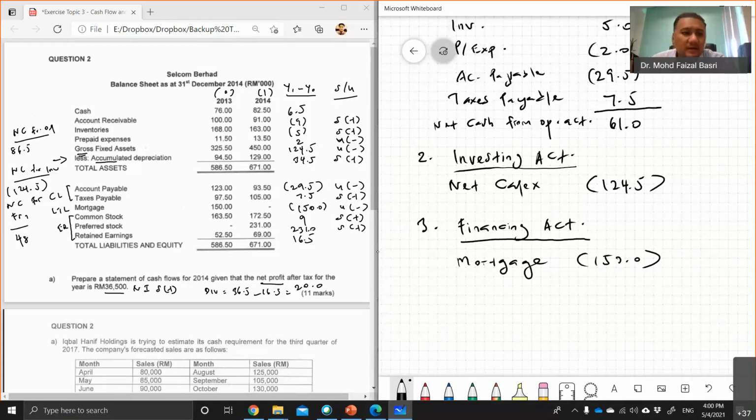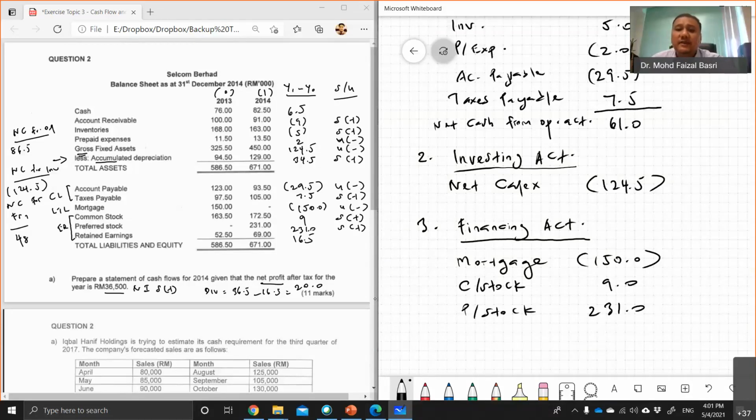minus. Then we have common stock. The common stock is 9. And we have the preferred stock, and the preferred stock is 231, positive sign.